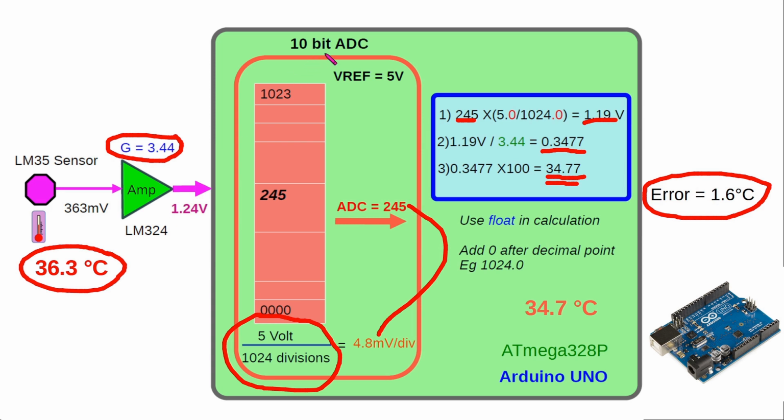But here we'll be using only 10 bit, and so we will get a temperature of 34.7 degrees Celsius here. This is the error. So I just wanted to tell about the error also. So if you want to minimize it, use a better amplifier here and more bits for the ADC.